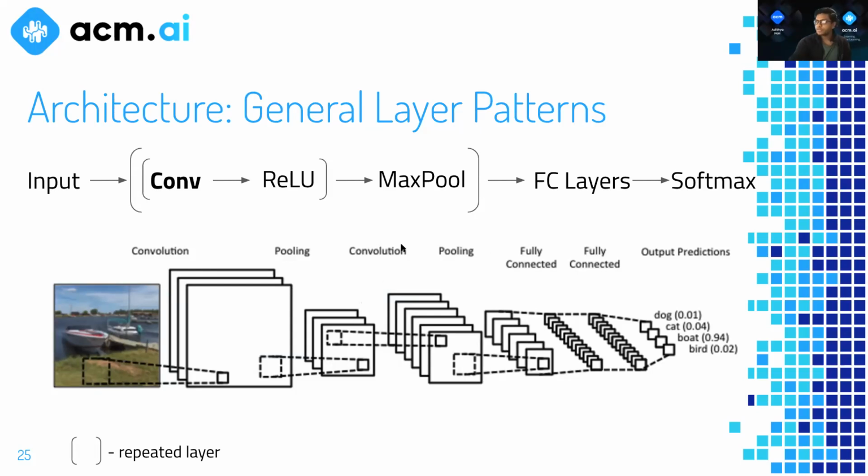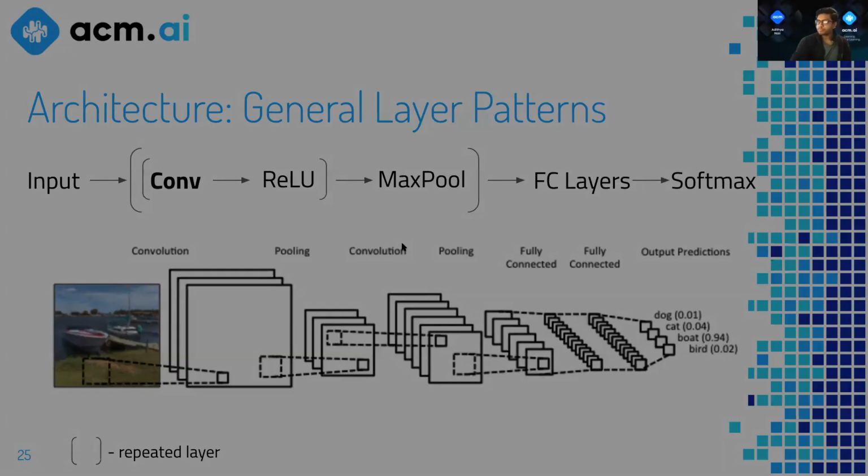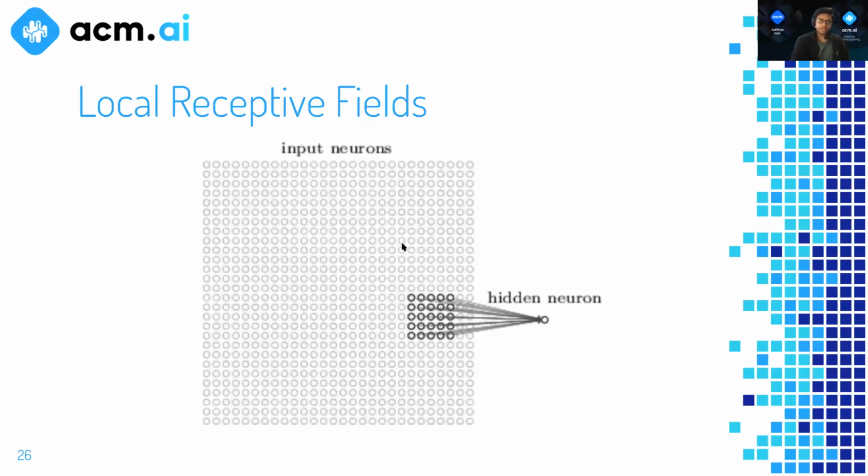So let's move forward. The way it works in CNNs, we have all our hidden neurons, and each hidden neuron in the next layer is not connected to every neuron in the previous layer. And this is what the CNN is trying to do here. It's trying to simulate how the real human eye works.